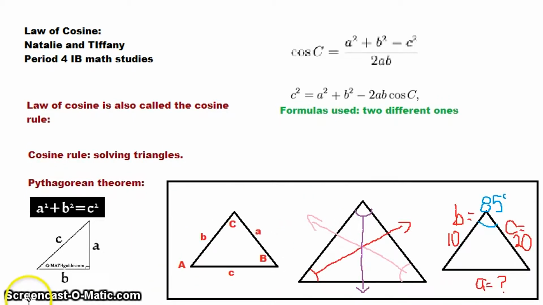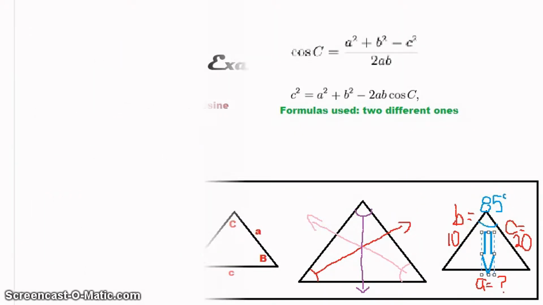For example, on the first triangle, the lower cases are the sides, and the capital letters will always represent your angles. In this case, this helps to see it visually with different colors. And then here is an example where 85 is the capital A and is represented by the angle right above it.